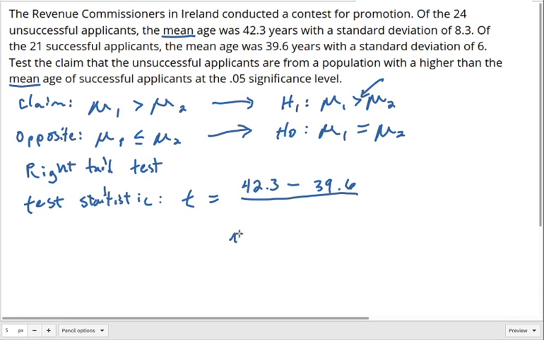Now I'm going to divide that by the square root of the first standard deviation, which was 8.3, squared and divided by the sample size of the first group. And then take the second standard deviation squared and divide by the second sample size.